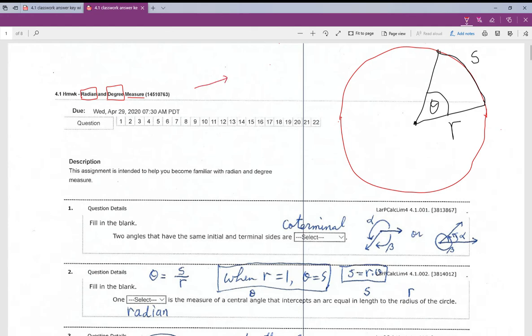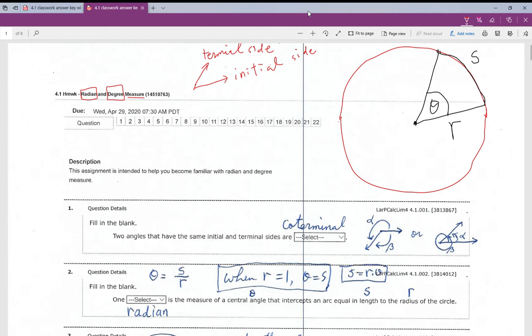So one angle starts from the initial side, and then ends with the other side we call the terminal side. Terminal side.